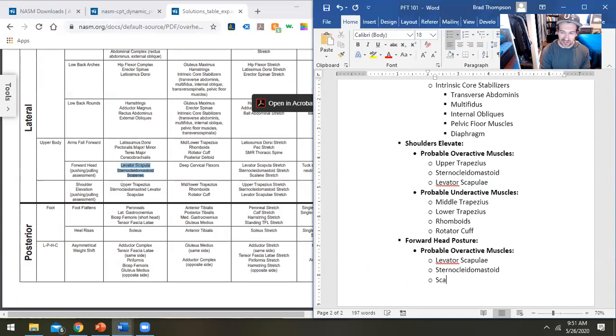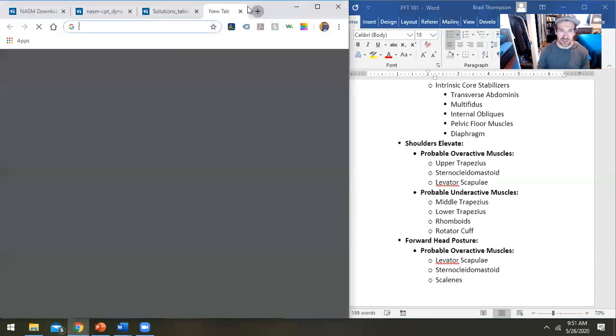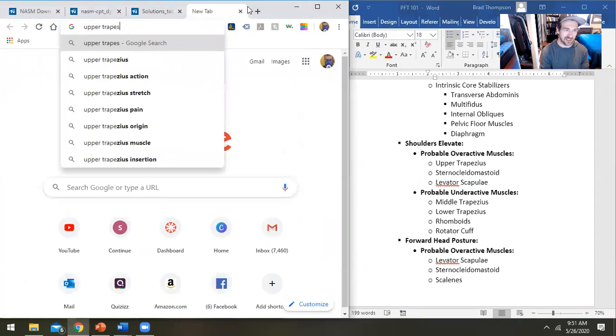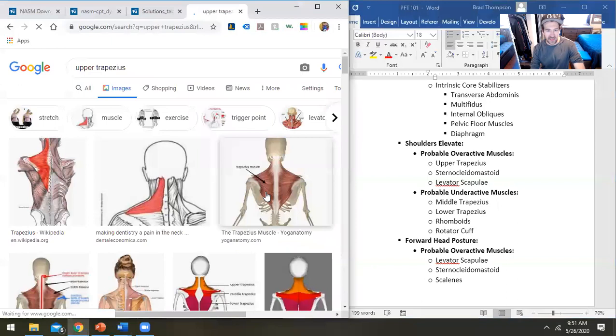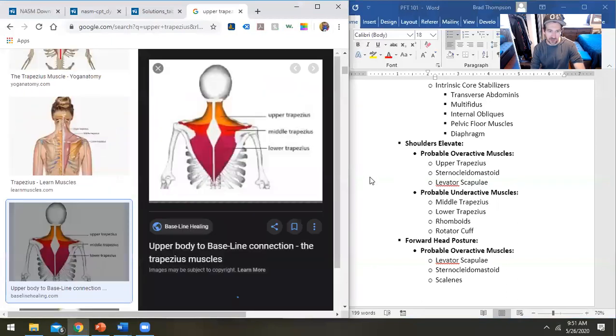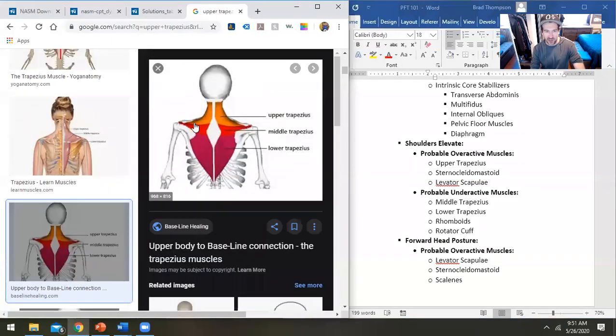And your scalenes are very, very similar to your upper trapezius. So if we look at upper trapezius, where's the colored one? There we go. This one's always really nice. This portion of the trap muscles in the back, there's your middle trapezius, the middle red, and then that dark red is going to be the lower traps. But you can see the upper one here.